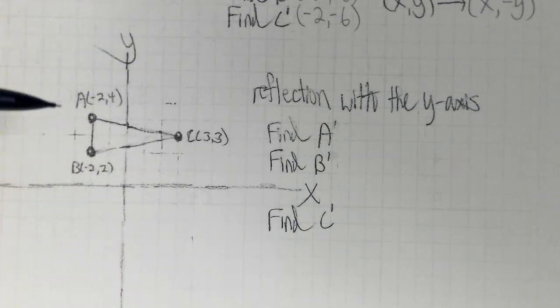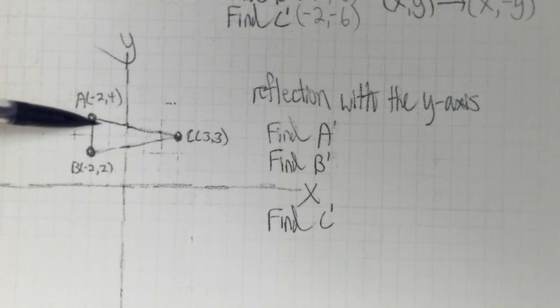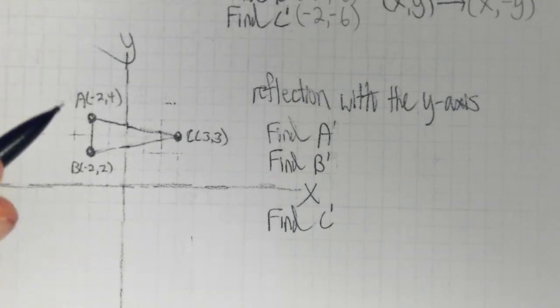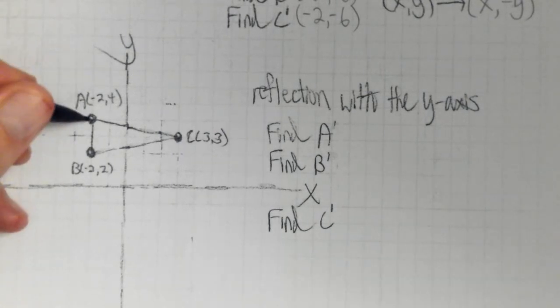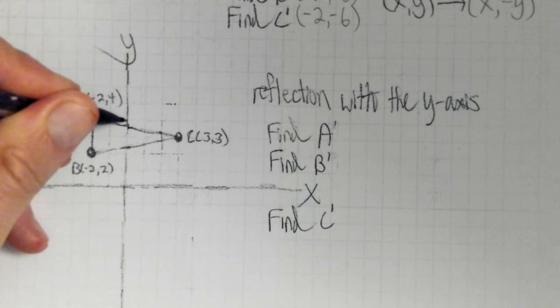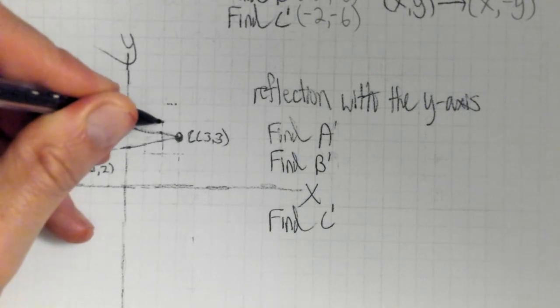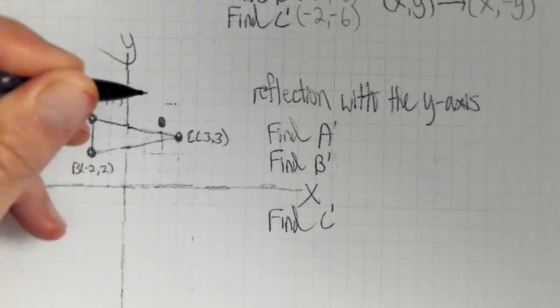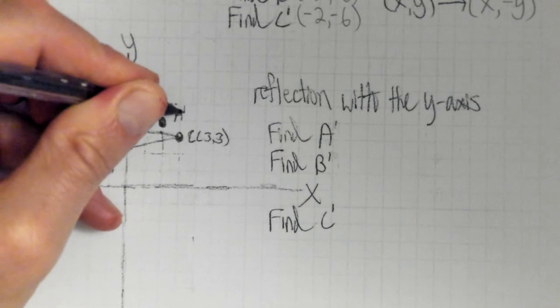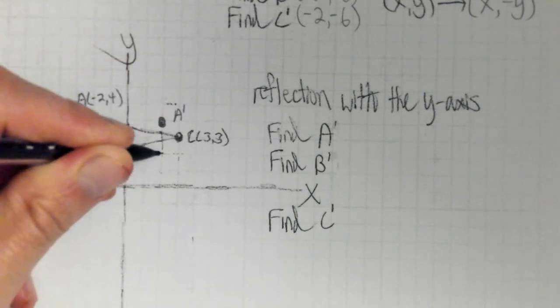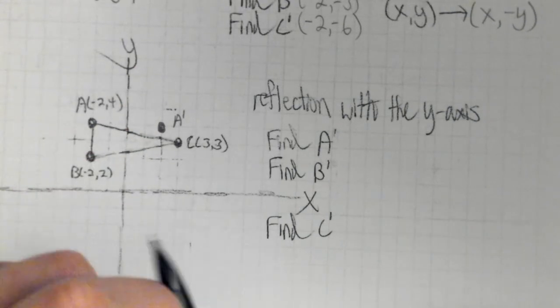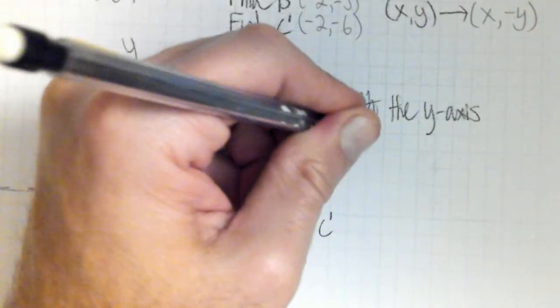I'll just have to use my same principles. However far the point is away, the prime point is that many the opposite direction, and it will still work out as you're about to find out. So now I come this way, 1, 2 for A, and then I need to go 1, 2, and that'll be A prime. So there's my A prime, and I know the coordinates: 1, 2, 3, 4. So we're going to call that 2, 4.